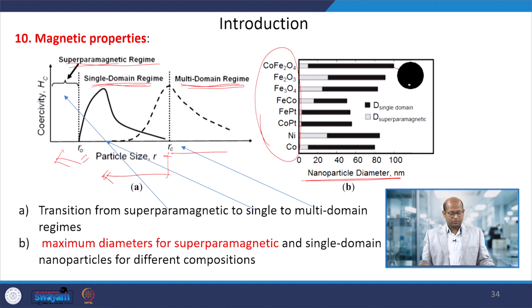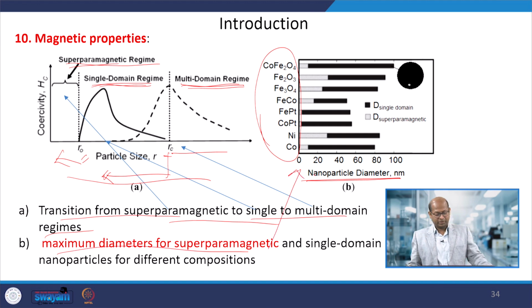Okay, so these curves show the transition from superparamagnetic to single-domain to multi-domain regime, and here is the maximum diameter for single domains; multi-domain is where the materials we can change. Here, single domain is shown in black.